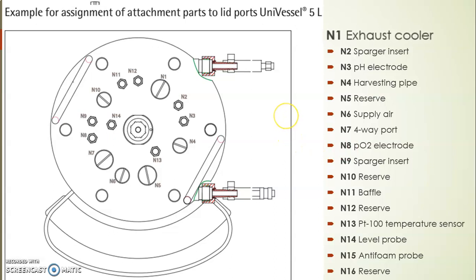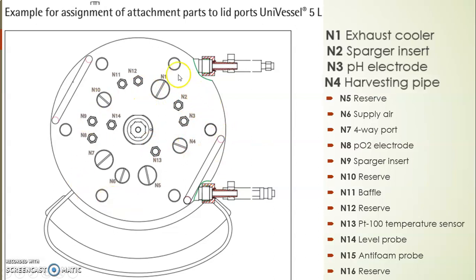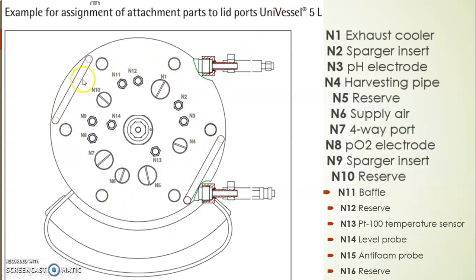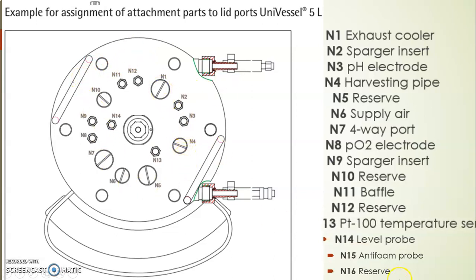Okay. Now the port assignment for the parts is presented here. You can see the schematic diagram for the universal 5 liter. This is actually from 2 liter to 5 liter, that's why it is called universal. So this is the head plate. Different ports are being shown on the head plate, N1 to N16.